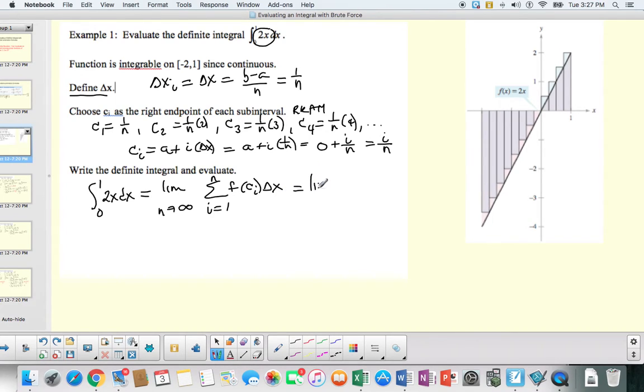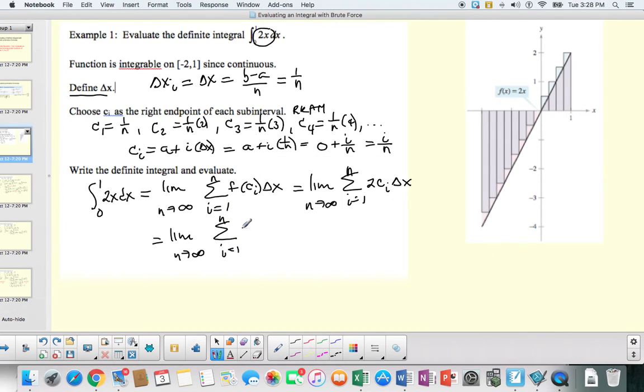So I'm going to write limit as n approaches infinity, summation i equals 1 to n, and then I'm going to write 2 c sub i. I'm putting the c sub i into the function, times delta x. Now I have replacements for delta x and replacements for c sub i. So I'm going to write limit as n approaches infinity of the summation i equals 1 to n.